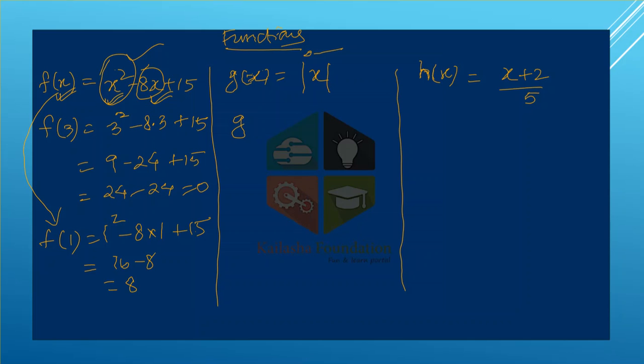Okay, if we have to find g of minus 2.4, we'll simply put minus 2.4 here. It will be plus 2.4, because mod works like that only. g of 13.9, it will be mod 13.9.